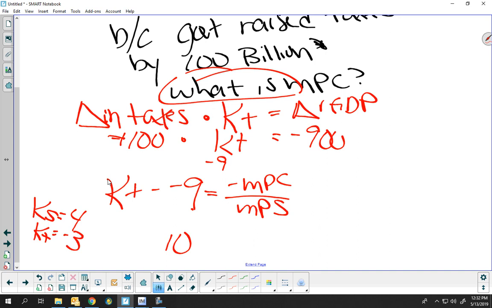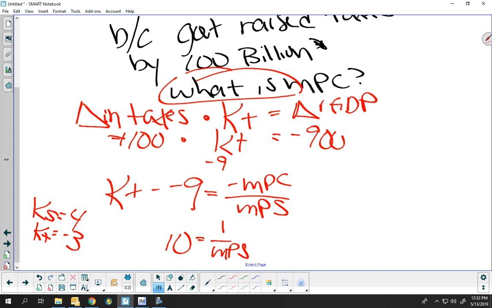I mean, that makes sense. Well, I would just solve for MPC or MPS with those equations, and then what you get here, you can just plug in, look at all your answer choices, and then plug in.